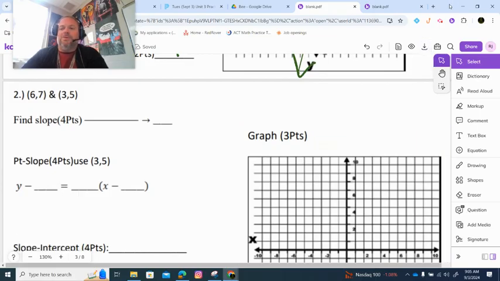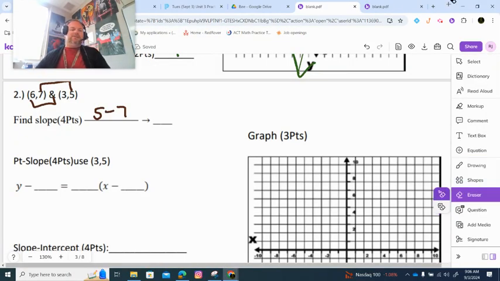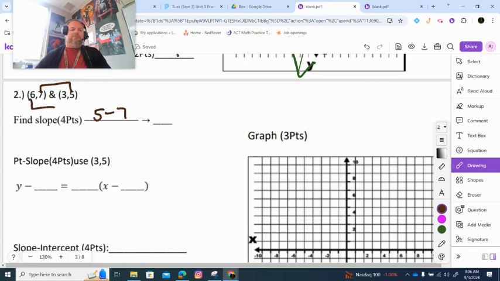So number two, slope. You can't subtract the six in the and sign. That would be funny though.